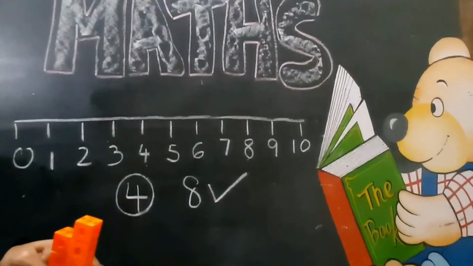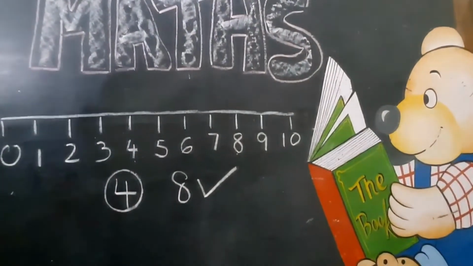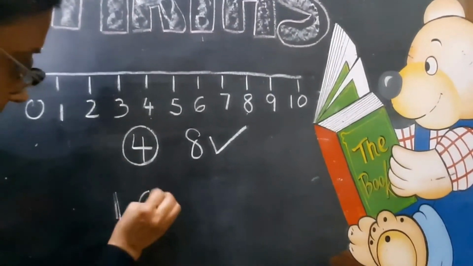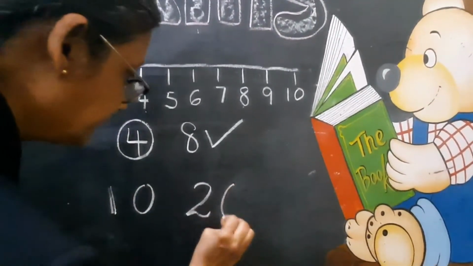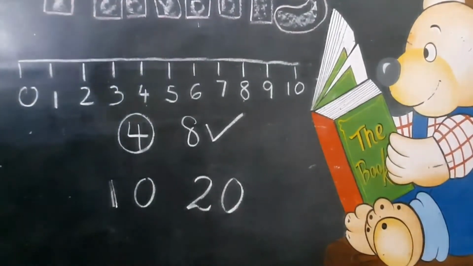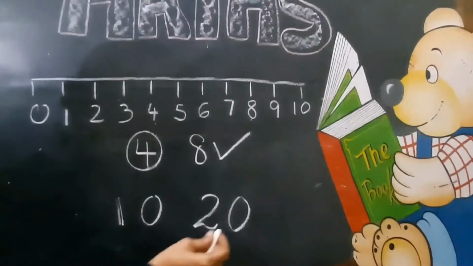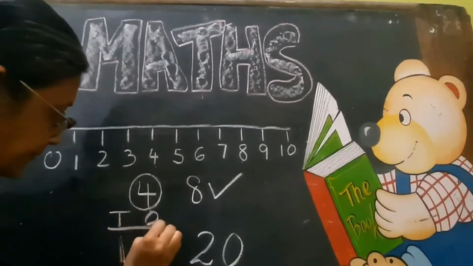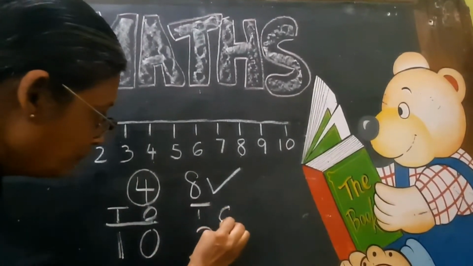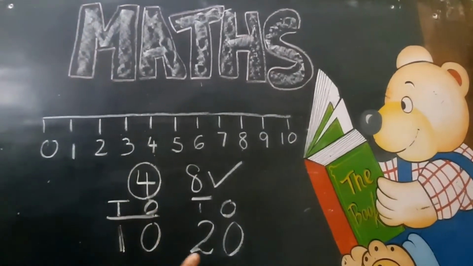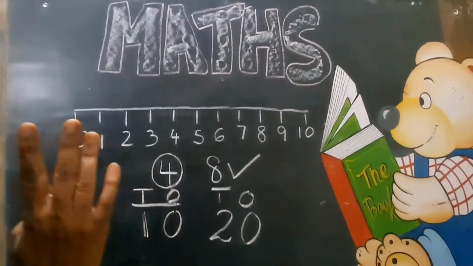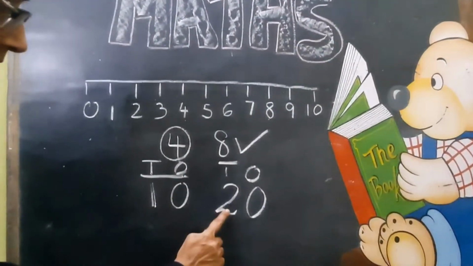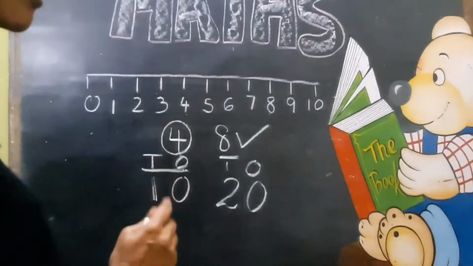But when we do 2-digit numbers, what do we do? Suppose 10 and 20. Whenever we do this exercise, we always first write tens and ones. We first compare the tens.